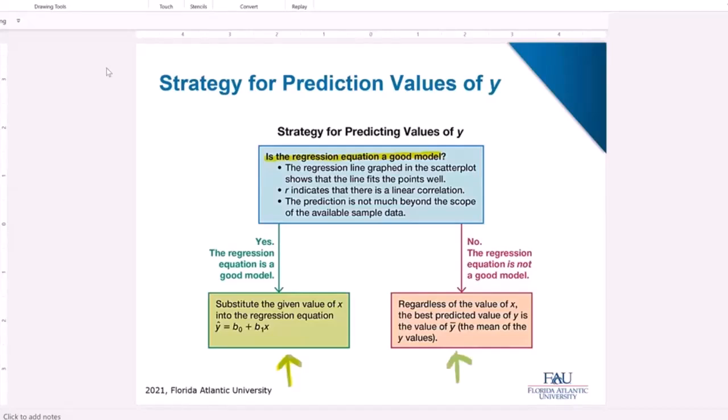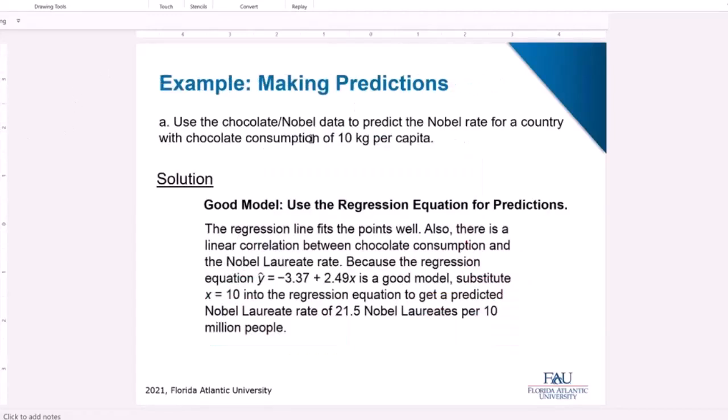The predicted value of Y is the value of Y bar, which is the mean of the Y values. If we have a good model and everything seems to work out well, we can use our regression equation. If we do not, then find the mean of the Y values, and that will give you the best prediction.